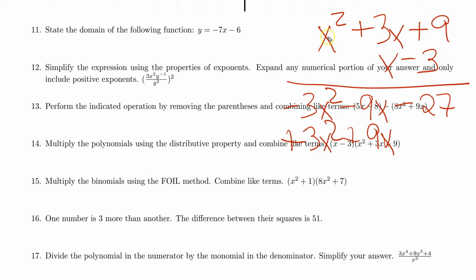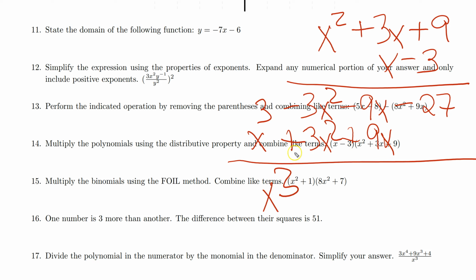And this times this is going to be an x cubed. So now that I have them all in like term columns, I get x cubed. I almost missed that one. These two are going to just cancel out, minus 27.